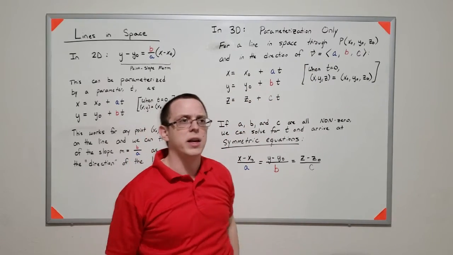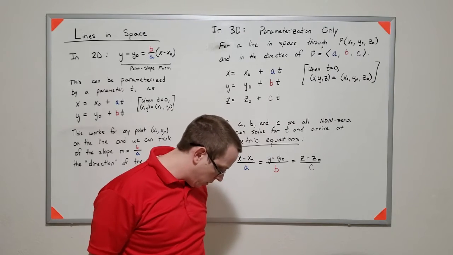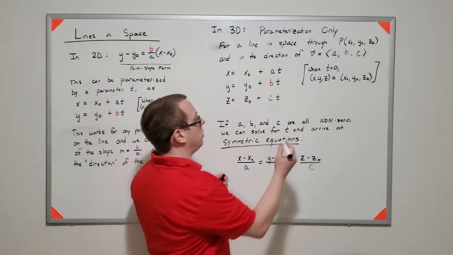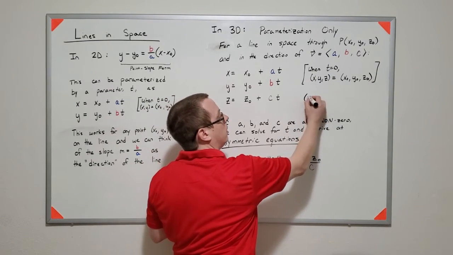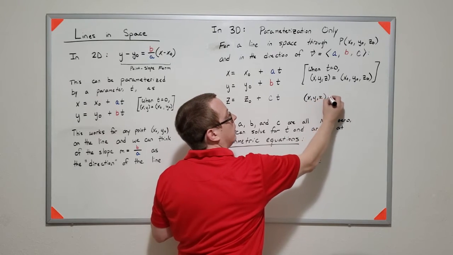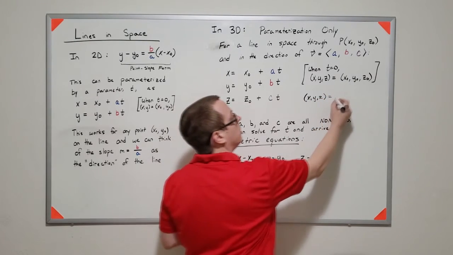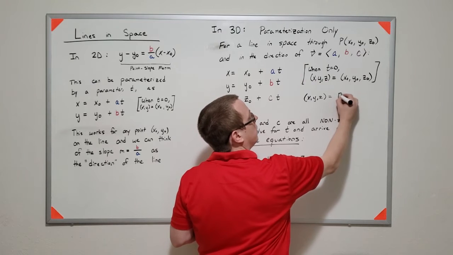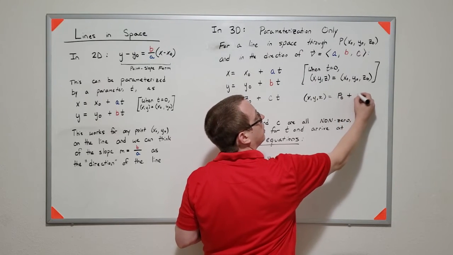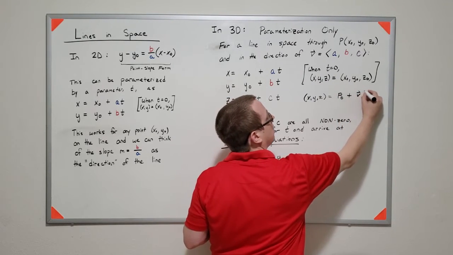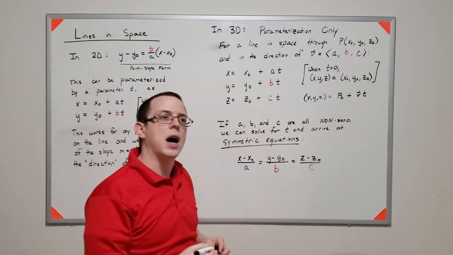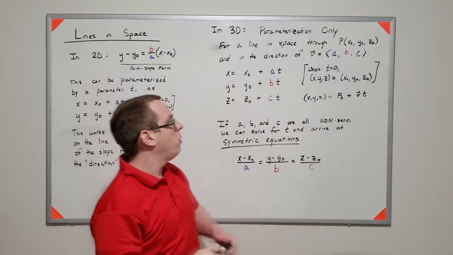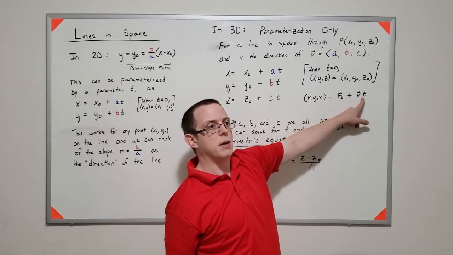Another way that it's sometimes written, you can say that the xyz location is the initial location plus the vector times time, right? So I multiply the direction times some sort of t.